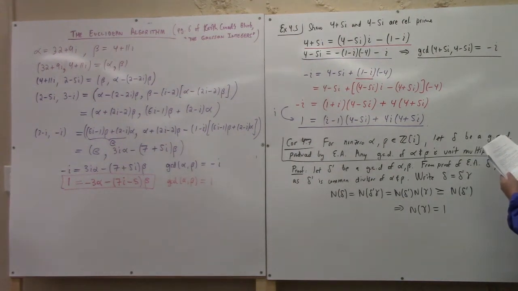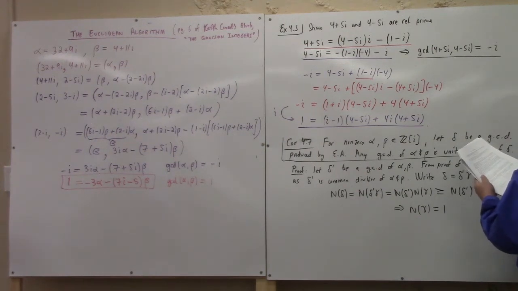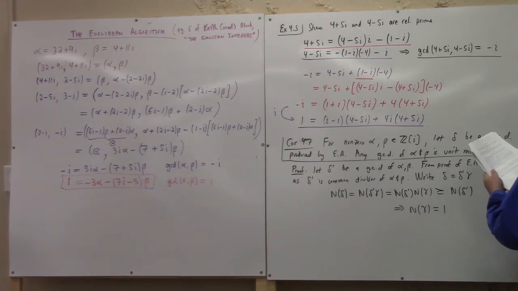Let delta equal the GCD of alpha and beta, with alpha, beta not equal to 0 in the Gaussian integers. Then delta is equal to alpha x plus beta y for some x and y in the Gaussian integers.